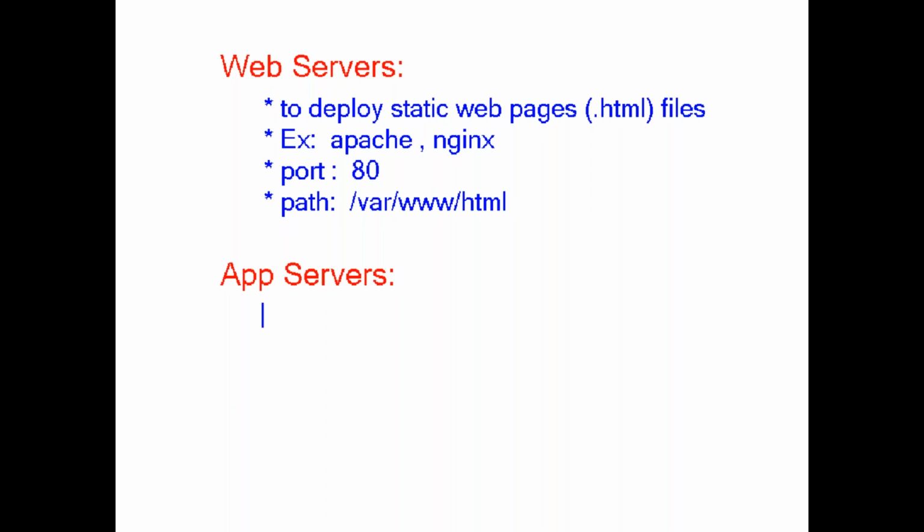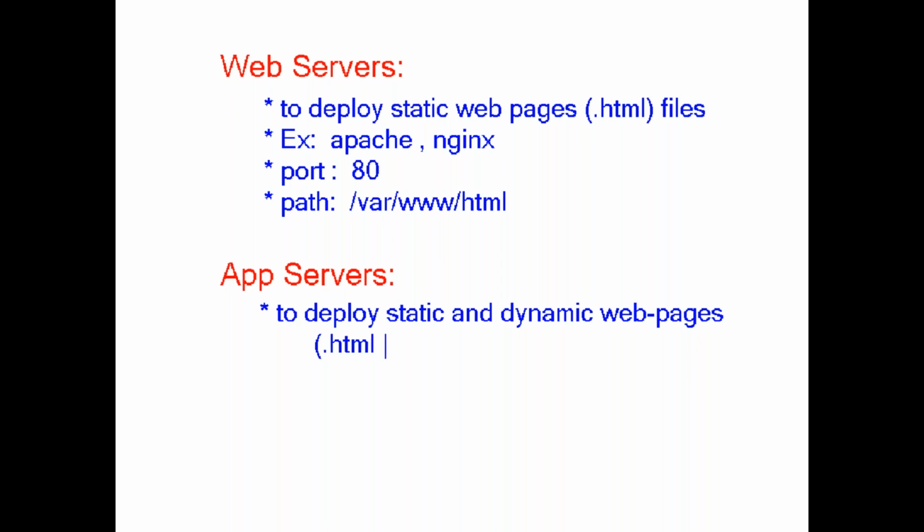And then app servers. We discussed what app servers are for: to deploy static and dynamic web pages, like .html and .jsp files. You can deploy different files in app servers.